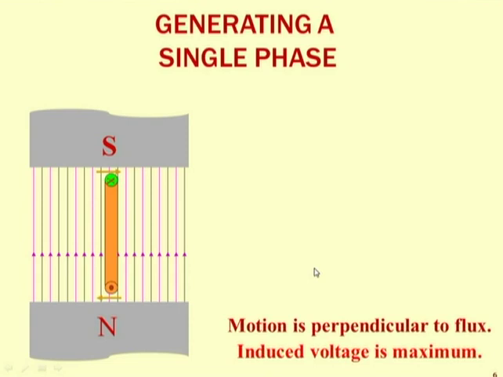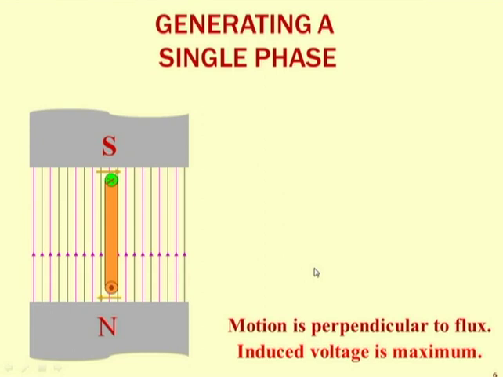Now again, as you already know that the motion is perpendicular, we can consider the angle equal to 90 degrees. In the previous case, we considered the angle to be 45 degrees, and that's why the induced EMF was 0.707 times the maximum.